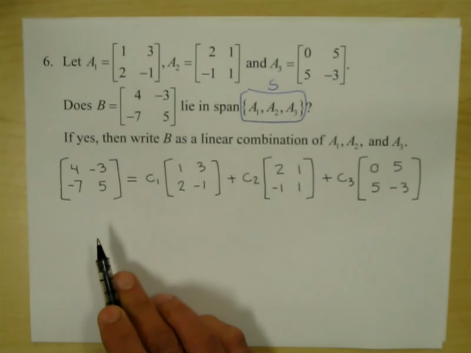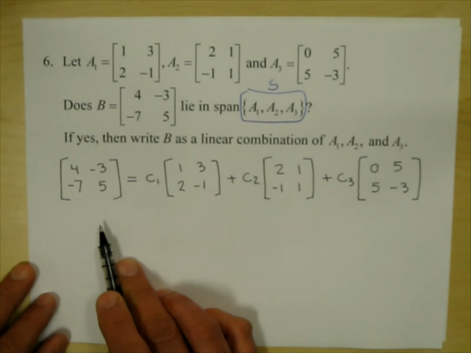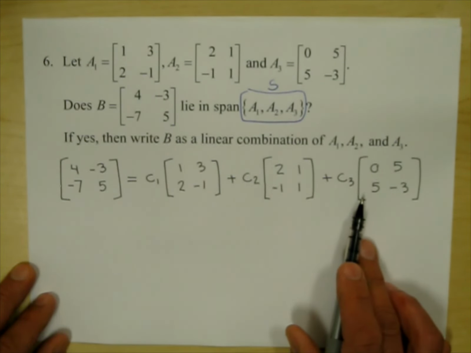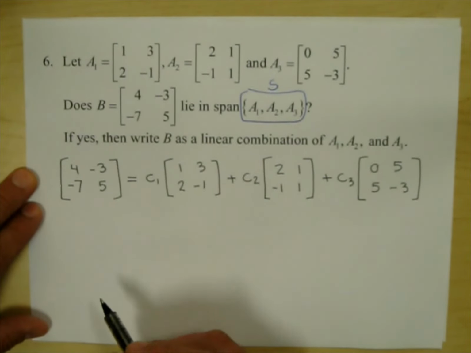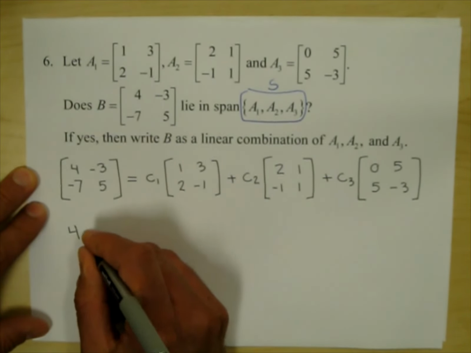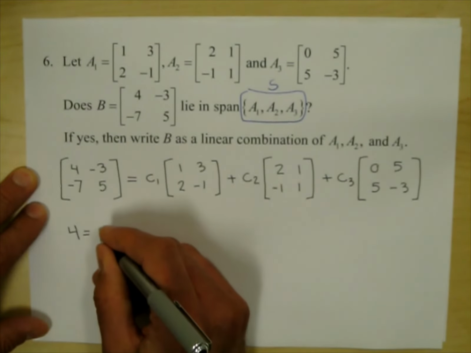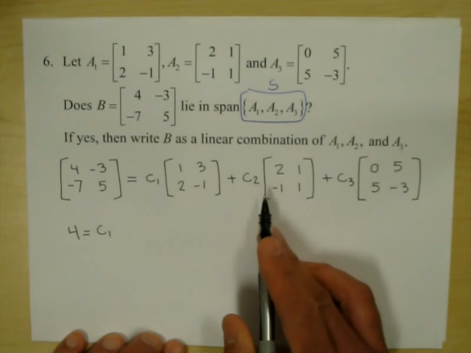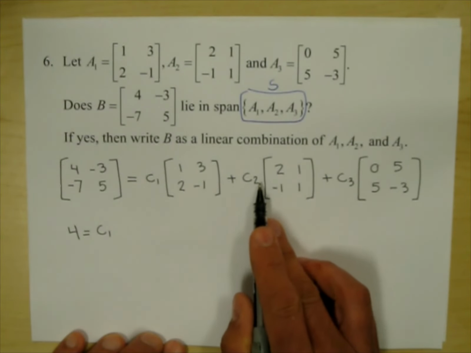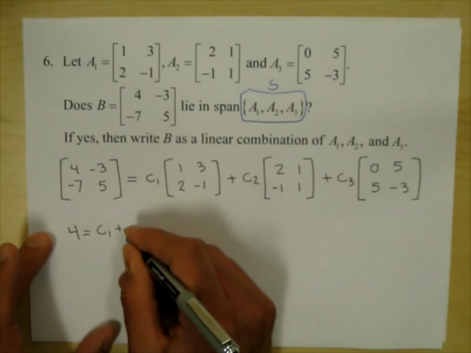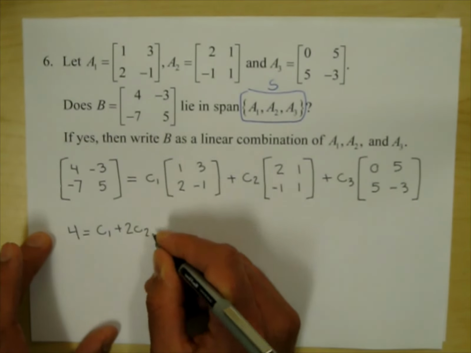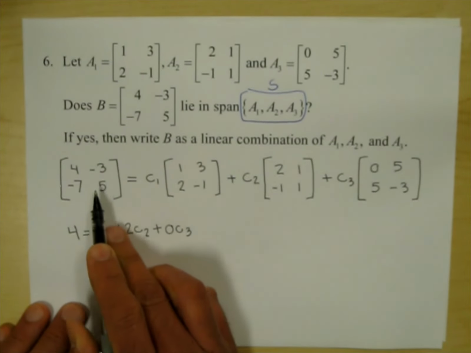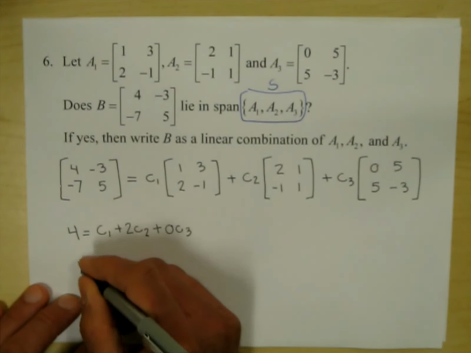So this is actually going to generate 4 equations with the 3 unknowns C1, C2, C3. So I'm going to write out those 4 equations. 4 equals C1. What I'm doing is collecting the top left element of each of these matrices. So plus 2C2 plus 0C3.